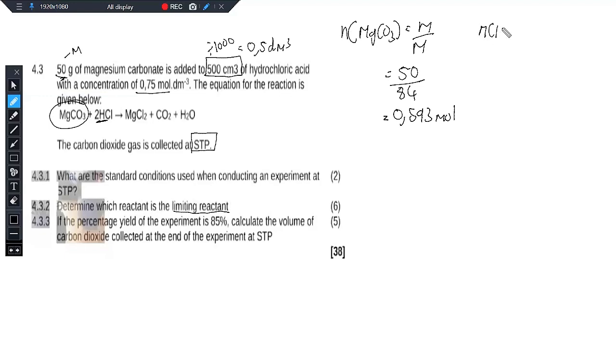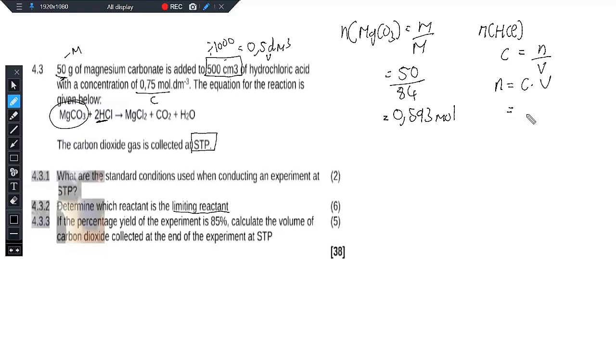And then we still need to calculate the number of moles of the hydrochloric acid. So we'll say number of moles of HCl, right? But this time around, we have to note, we are given the volume and concentration. That means we can't use this formula. What's the other formula we can use to calculate the number of moles if we are given volume and concentration? It is obviously C is equals to n over V, right? Which we can rearrange to form C multiplied by V. So note, it is not always that you will use this formula.